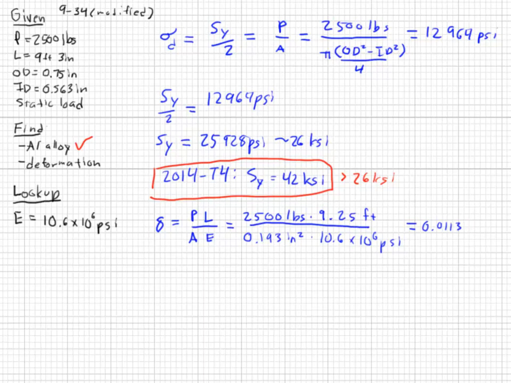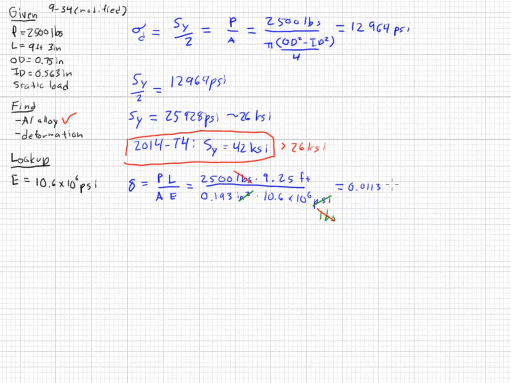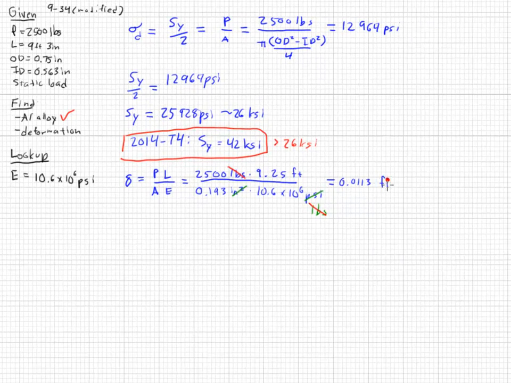Oh, what do we have here? We need to cancel these units out. We've got inches squared times pounds per square inch. So I can cancel that out, and I'm left with pounds. And the pounds on top, pounds on the bottom, I'm left over with feet. 0.0113 feet.